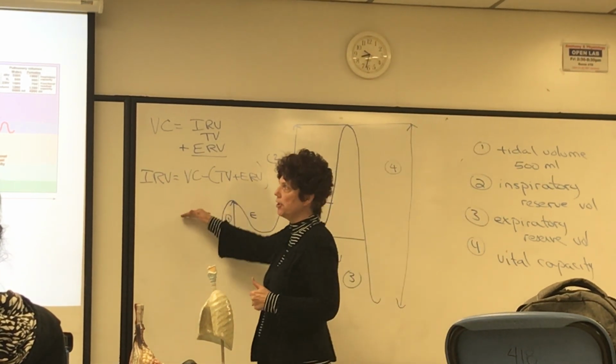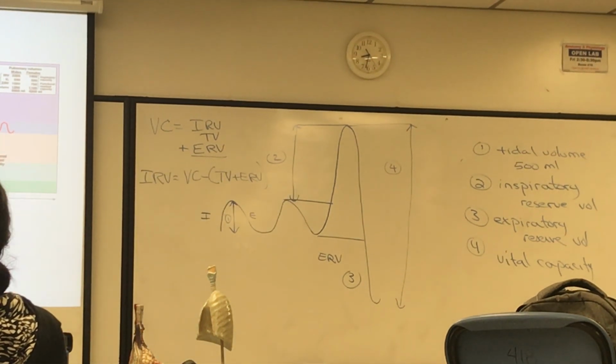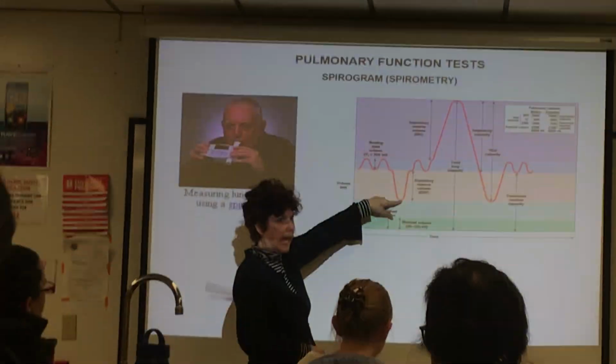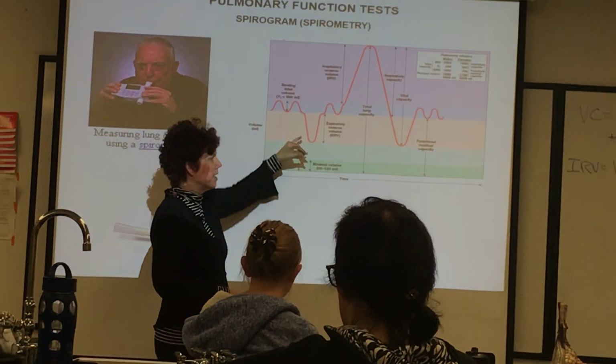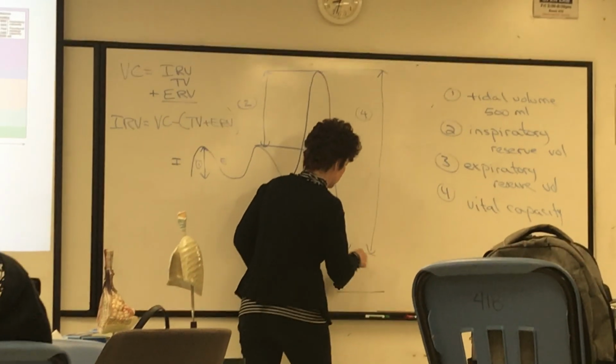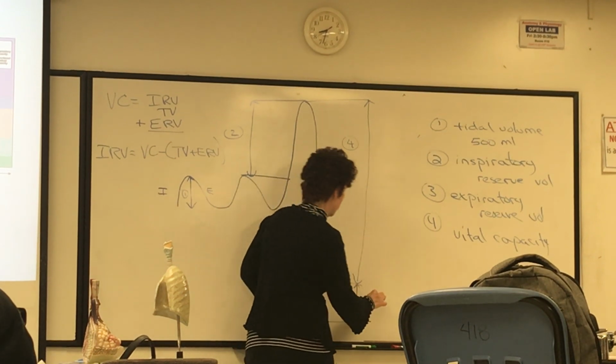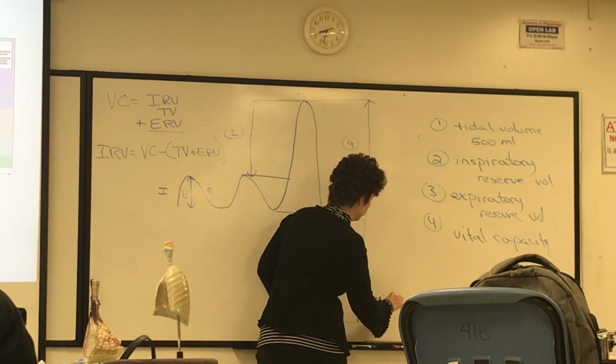All right, so these are your basic volumes. In addition to that, we have a couple more. After you've blown out, exhale as much air as you can exhale, there's another liter or so, about 1,000 to 1,200 mils left in your airway, known as residual volume.